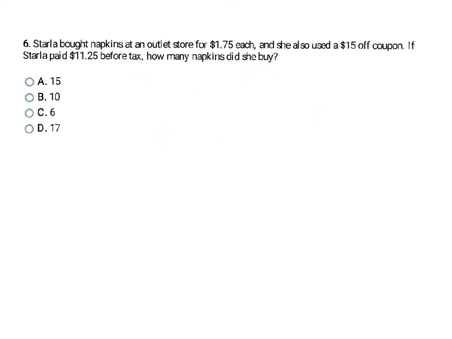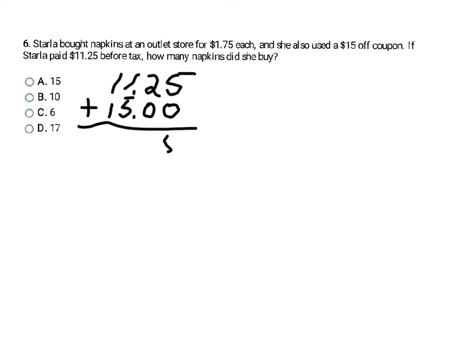So she paid $11.25, but her original price had $15 off of it. So I'm going to add that $15 back on to see what her original total was. And her original total was $26.25.